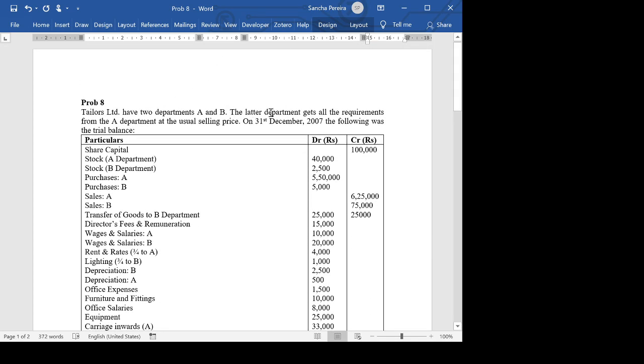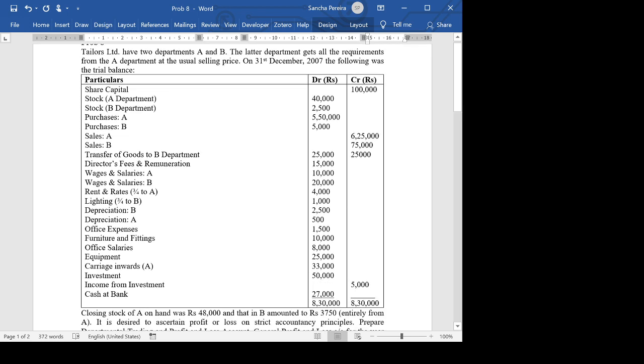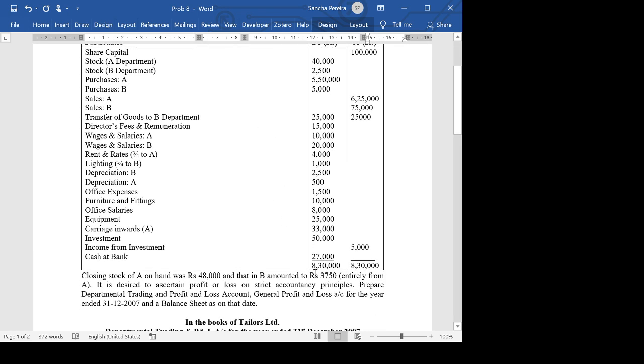They've said the latter department gets all the requirements from the A department at the usual selling price. That means A transfers to B at the usual selling price, that is cost plus profit. So we need to find out in the closing stock, which has entirely come from A, that it is not shown at cost but at cost plus profit, and therefore we need to eliminate that profit margin.